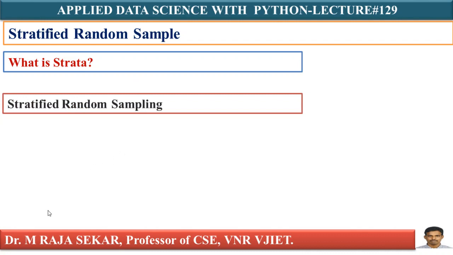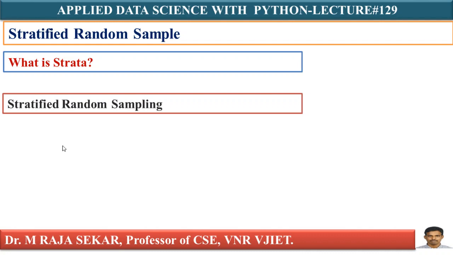What is stratified random sampling? That name itself says you have to take samples from strata. We know what is strata. Let me define it like this. Stratified random sampling is a method of sampling that involves the division of population into smaller subgroups known as strata, non-overlapping, mutually exclusive subgroups.